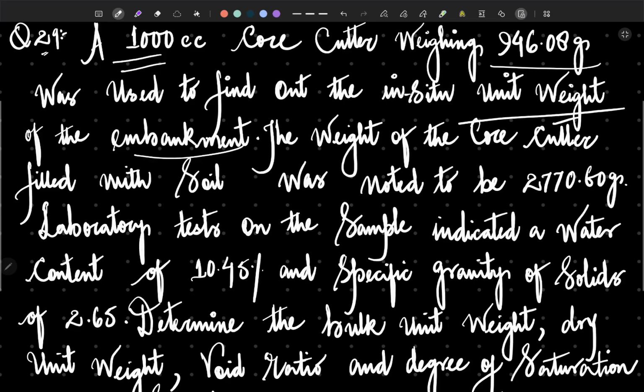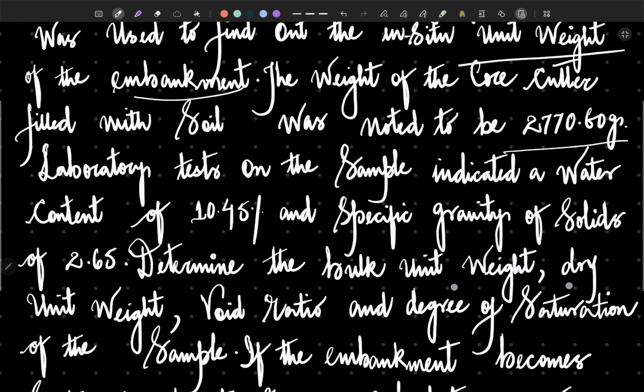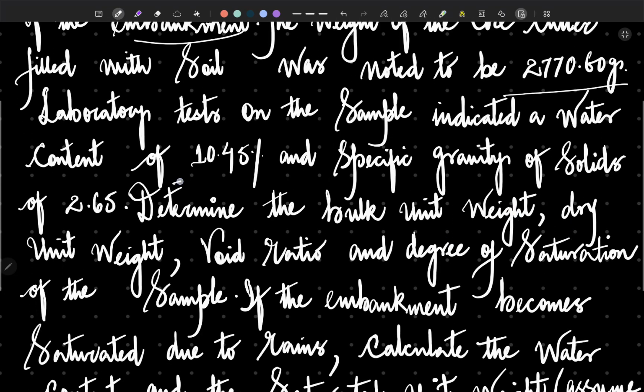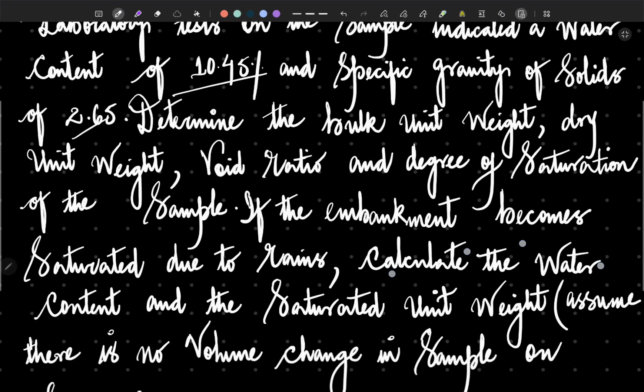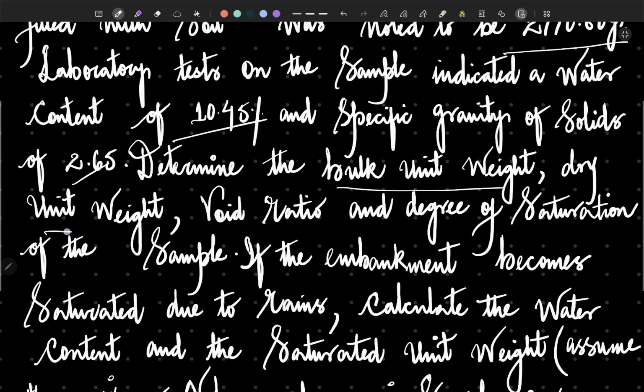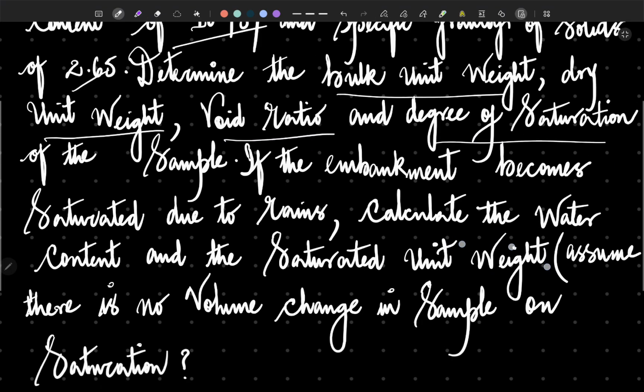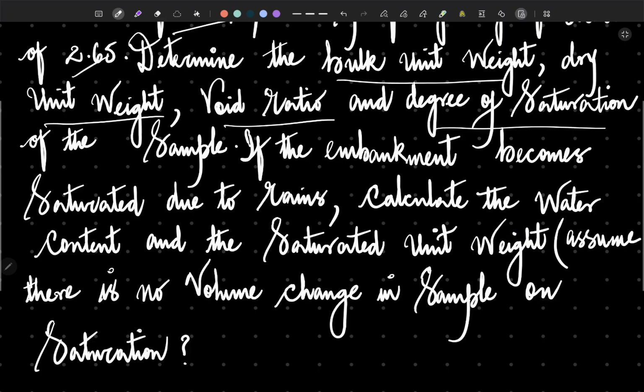The weight of the core cutter filled with soil was noted to be this much. Laboratory tests on the sample indicated a water content of this much and the specific gravity of soil solids as this much. We have to determine the bulk unit weight, the dry unit weight, void ratio, and degree of saturation of the sample. This is part second of this question. If the embankment becomes saturated due to rains, calculate the water content and the saturated unit weight. Assume there is no volume change in sample on saturation.